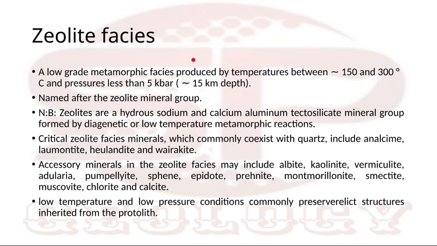In this zeolite facies, all the zeolite minerals, clay minerals, and chlorite group of minerals form. It is like the last stage of alteration products. Okay, these are zeolite facies.